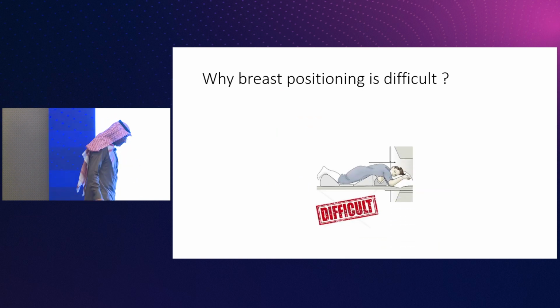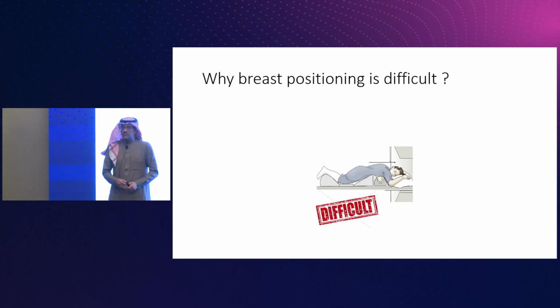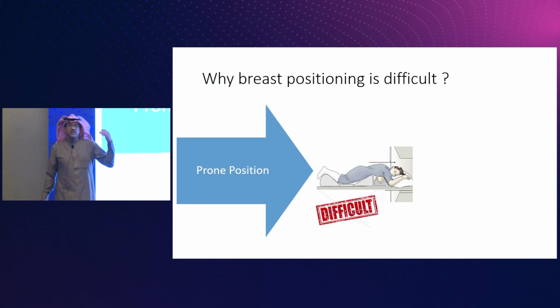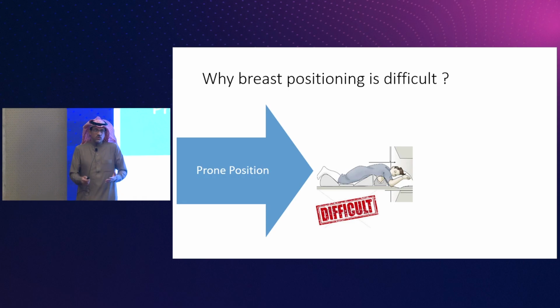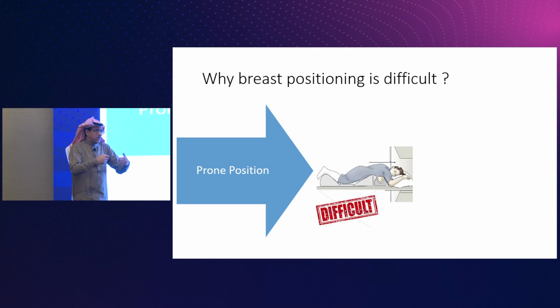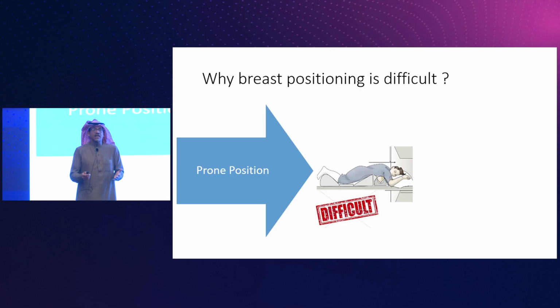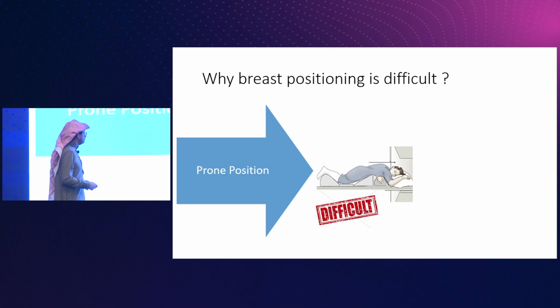Why is breast position difficult? Because it's prone, and everyone, even in his normal sleep, doesn't like to lay down on his abdomen. So the patient might be reluctant to lay down in prone position.